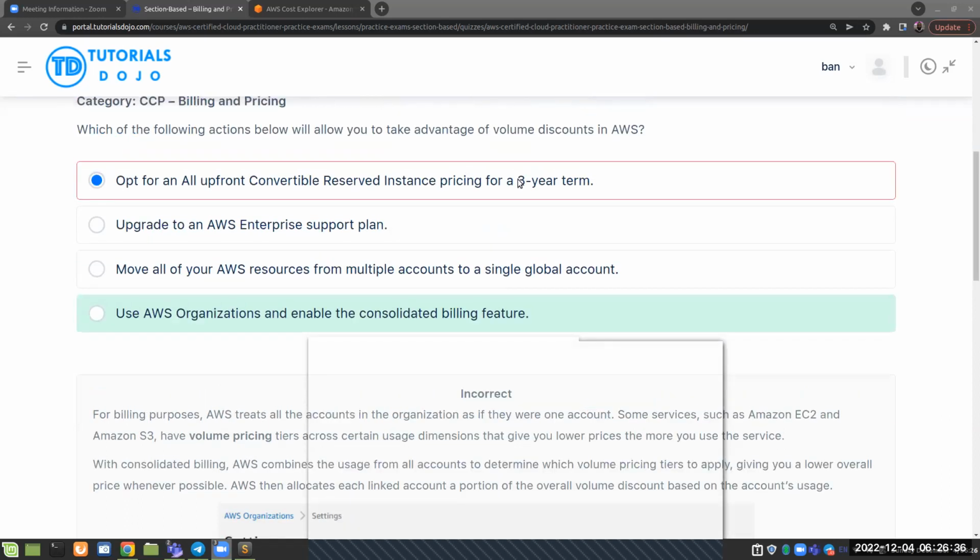But definitely on point, remember, convertible reserved instances has to do with when you want to change your instance family, your operating system, or tenancy. It doesn't have to do with volume discounts here.